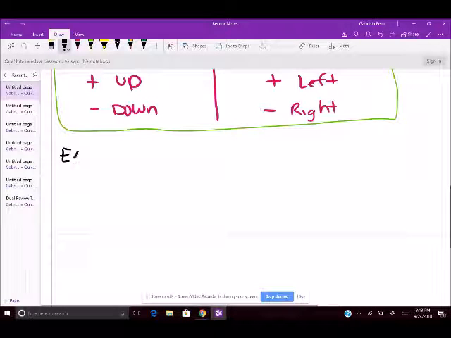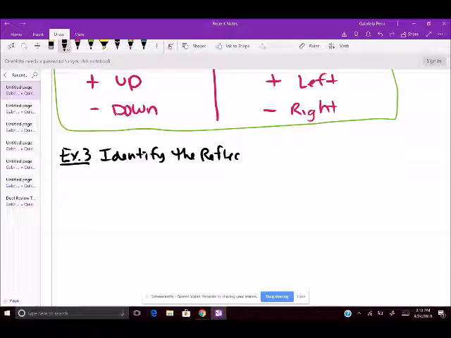In example number 3, it's going to be something a little bit different. We're going to identify the reflection, or if there is a stretch or a shrink.